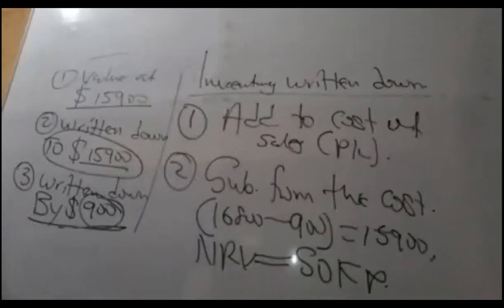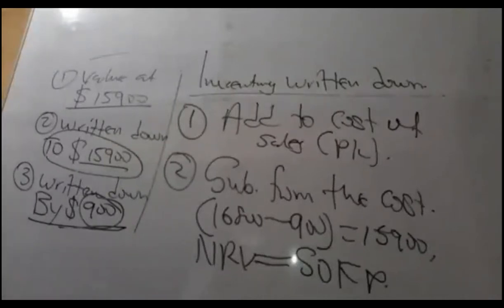Then it can also be as a result of management intention or management strategy, like what happened between Coke and Pepsi. Pepsi said it was selling at one city. Coke said, okay, let's reduce our price to one city and go compete with Pepsi. And Coke did that. So they realized that the NRV was lower than the cost, so the write-off was too much.